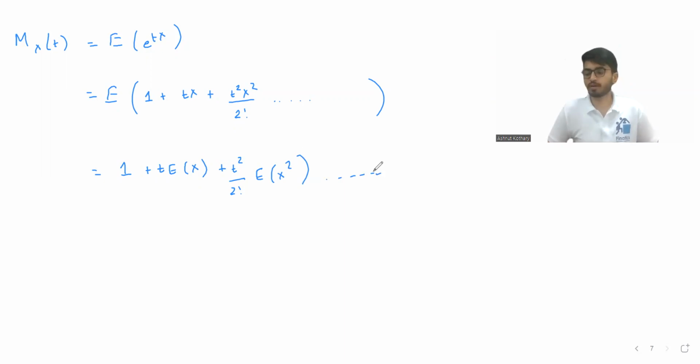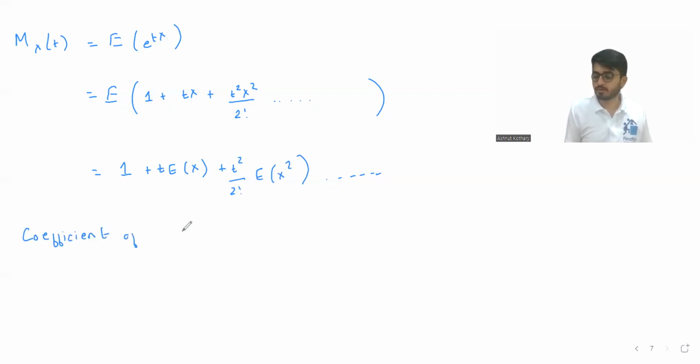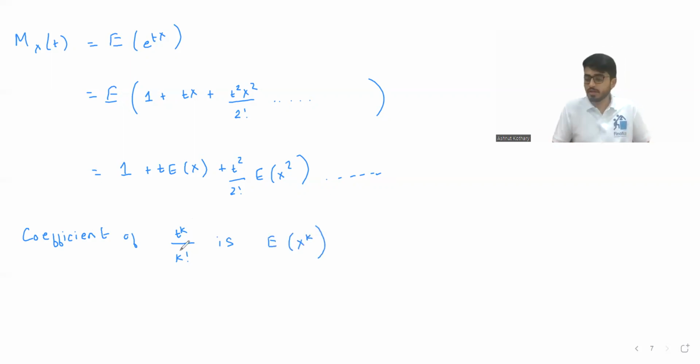So from here, what you can see is the coefficient of t to the power k by k factorial is expectation x to the power k. The coefficient of t to the power k by k factorial is nothing but expectation of x to the power k.